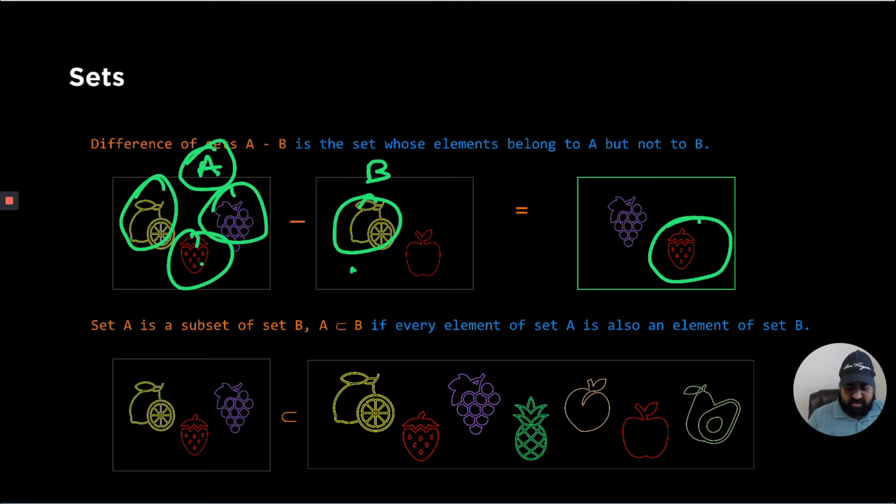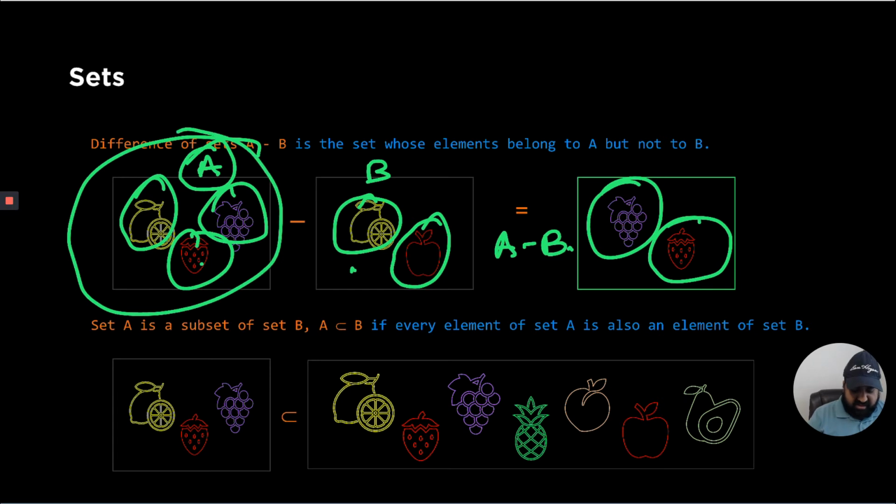Grapes is in A but is not in B, so it will be in the final answer. And when we talk about apple, that's in B, we do not even have to think about what's there in B and so on. So A minus B will have all elements that are in A minus whatever is repeated in set B, which are already there in A.